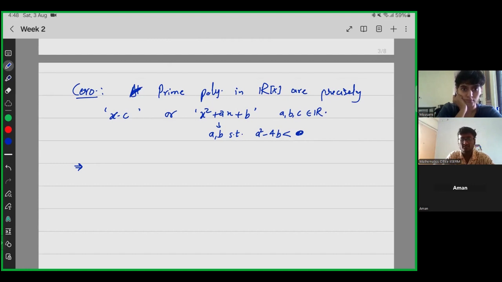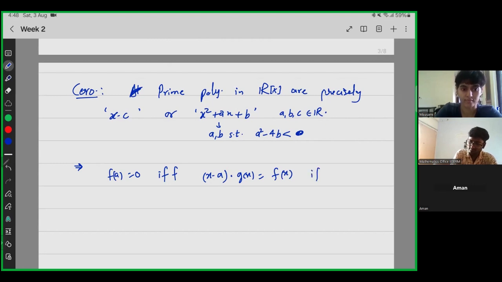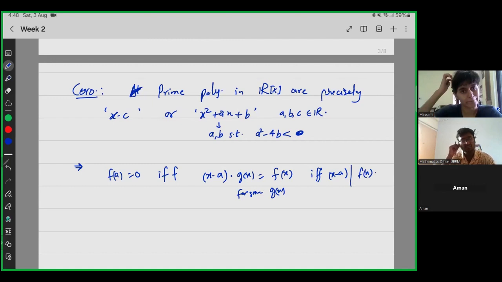We'll use the theorem that f of a is equal to 0 if and only if x minus a times some g of x is equal to f, or if and only if x minus a divides f of x.